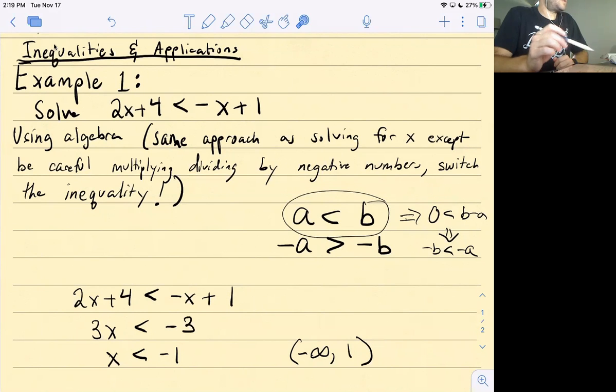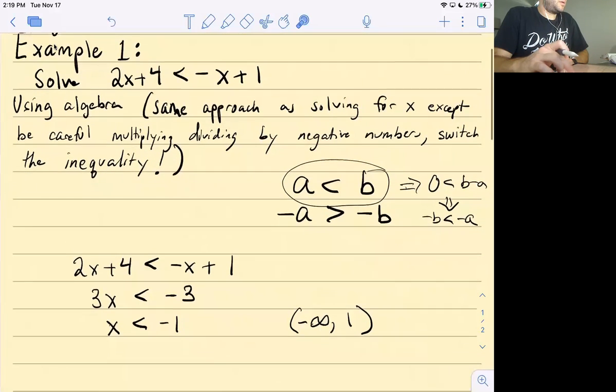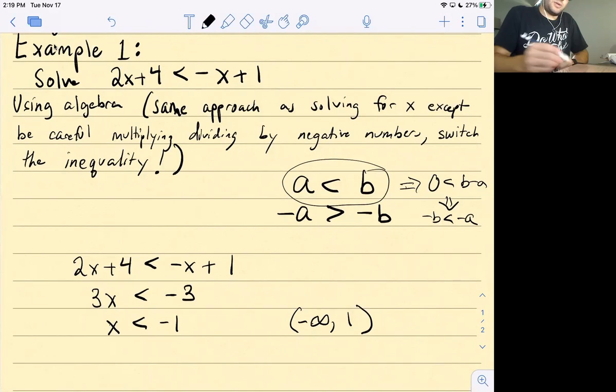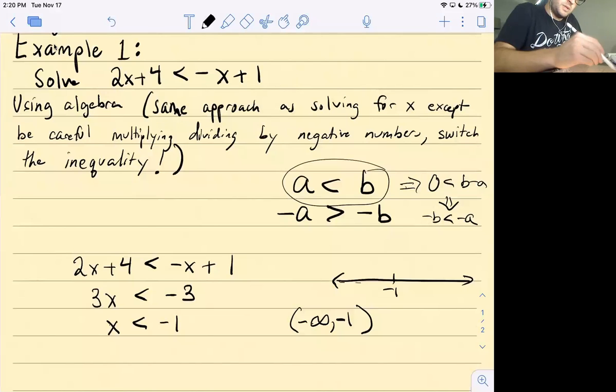Would it be negative 1 instead of 1? Oh, that's right, thank you. Sorry about that. It's going to be negative 1 here. That's right, because it goes all the way to negative 1. Negative x. Yes, so you could write it like that. So it would be this set right here.